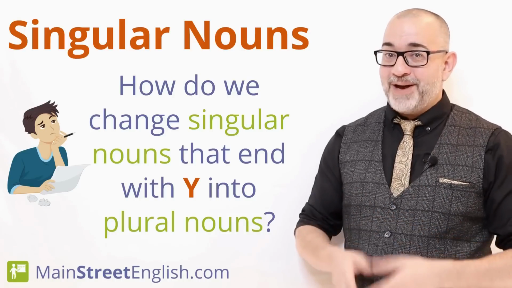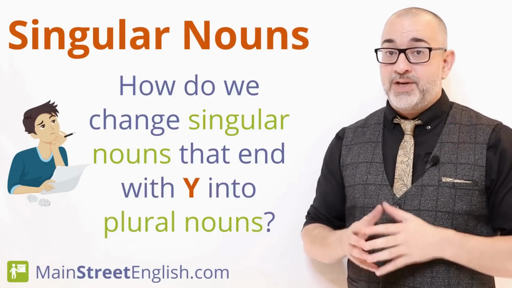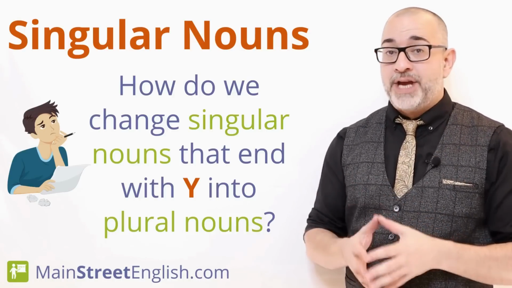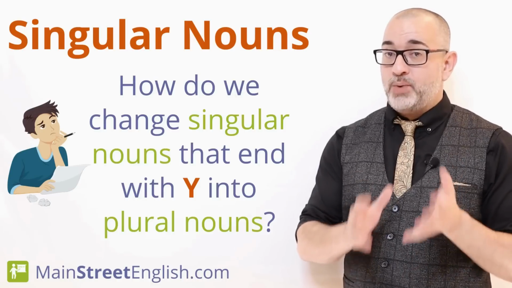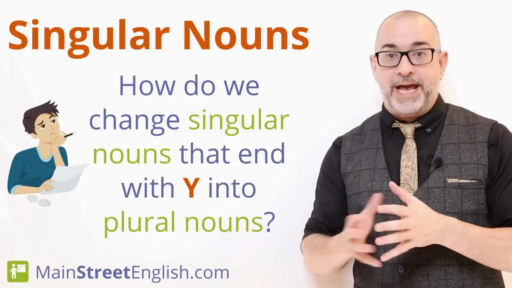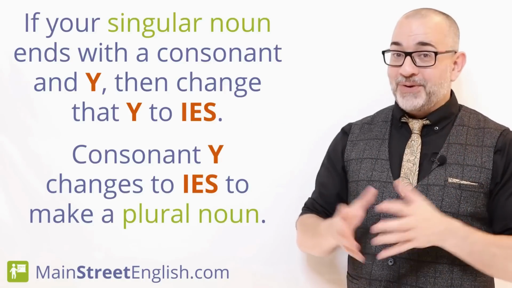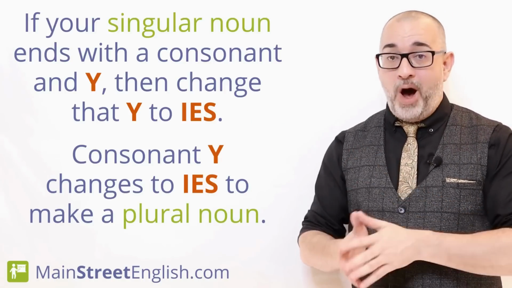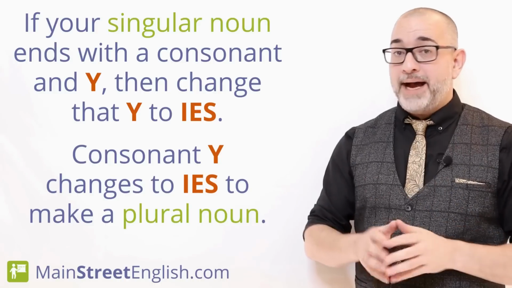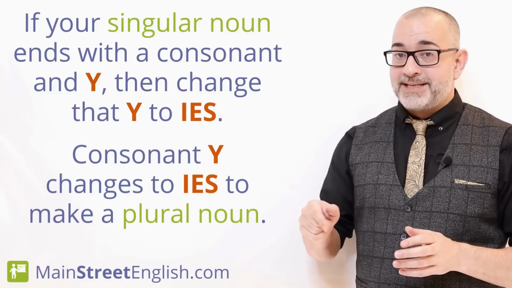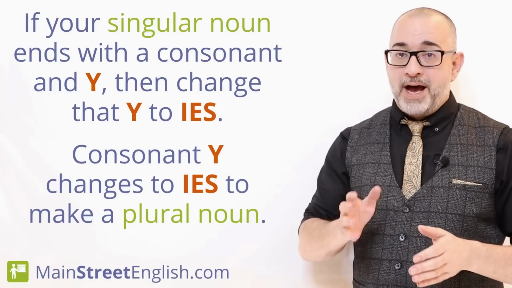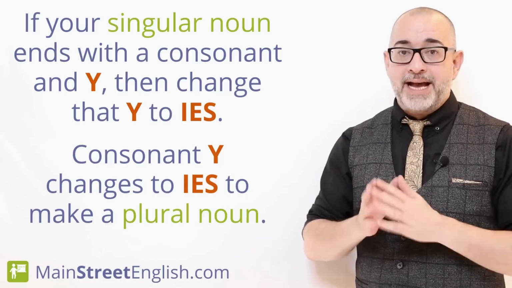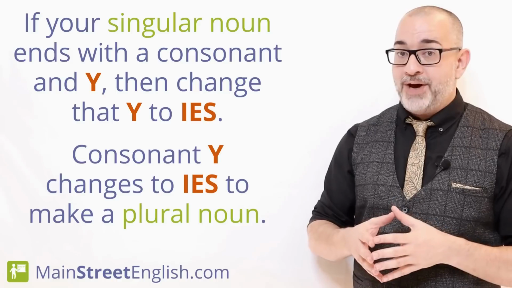Now, let's talk about singular nouns that end with Y. How do we change singular nouns that end with Y into plural nouns? If your singular noun ends with a consonant and Y, change that Y to IES. Consonant Y, the Y changes to IES to make a plural noun.